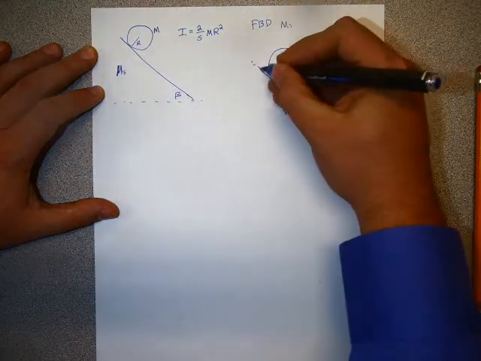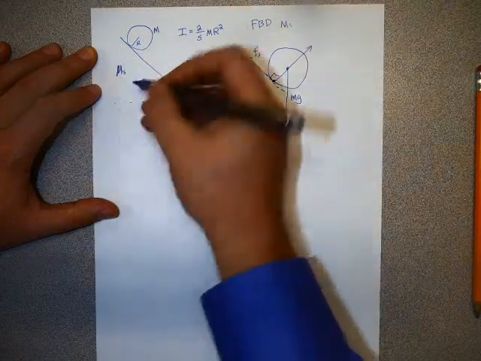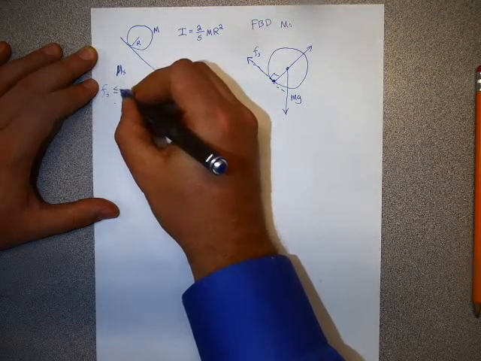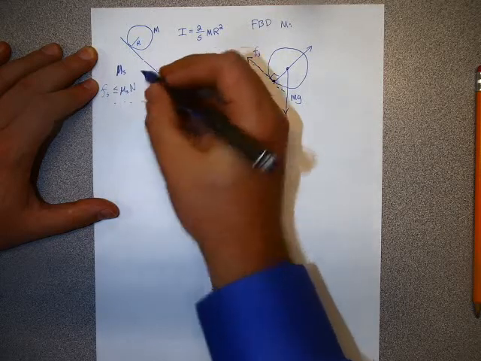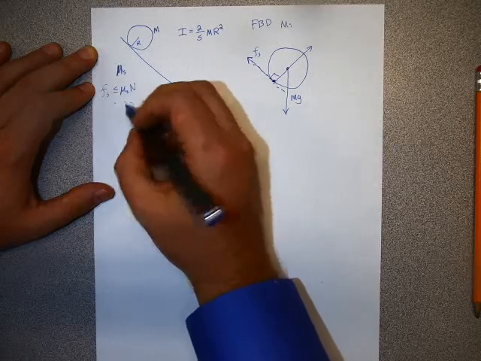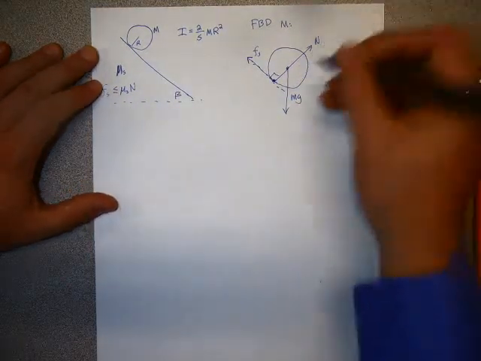So there must be some friction force that's opposing the motion, F sub s. Remember that in static friction, the force due to friction, F sub s, is less than or equal to mu s times n. And we don't know that these two are equal to each other like we've been able to use in the past. Okay, so three forces are all that we have.